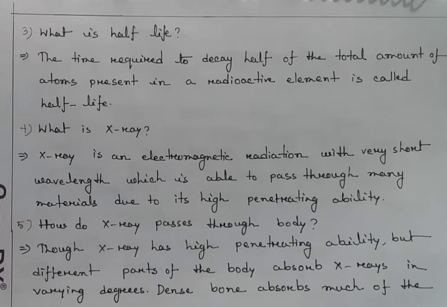As its wavelength is very short, its velocity is so high, and so it can pass through many materials due to its high penetrating ability. It can pass through different organs of the body and can detect different diseases.